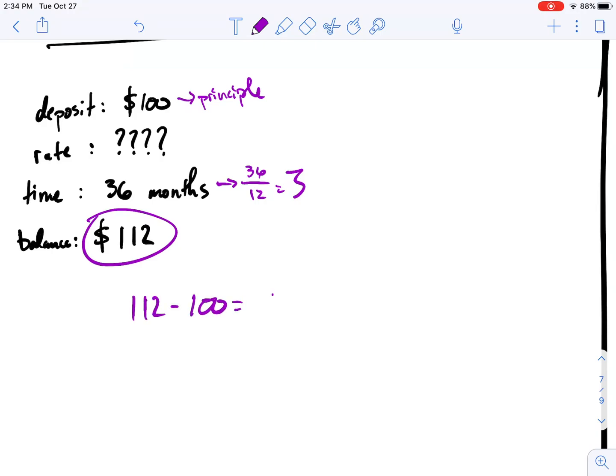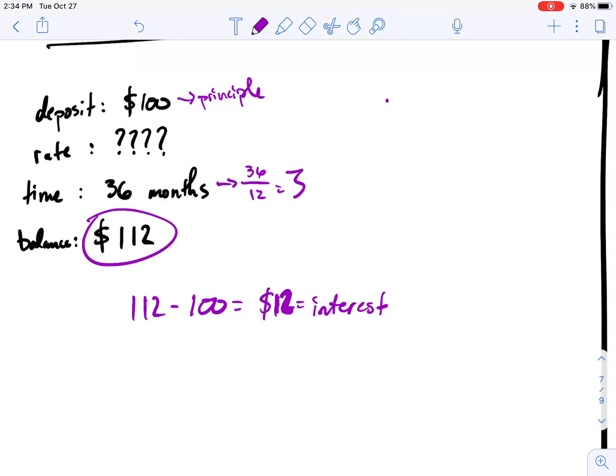That means that our interest is $12. Okay, so it's like you put $100 into an account. After 3 years, it has $112. So you got $12 free in interest, totally free, over 3 years.